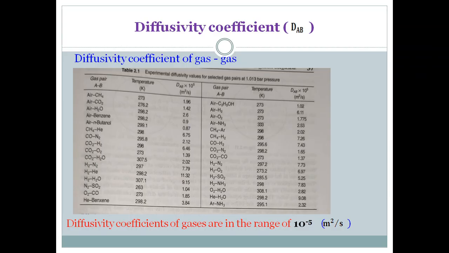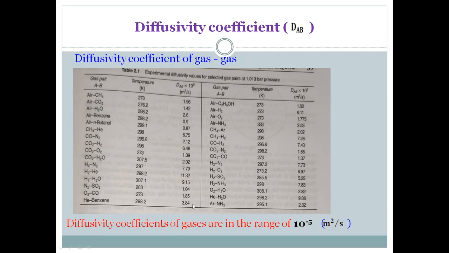Now if you see the diffusivity coefficient of gases, for air and methane at 273 Kelvin, that is 1.96. Similarly for other components, where A is the component which is diffusing and B is the solvent. Oxygen and carbon dioxide is 1.85.